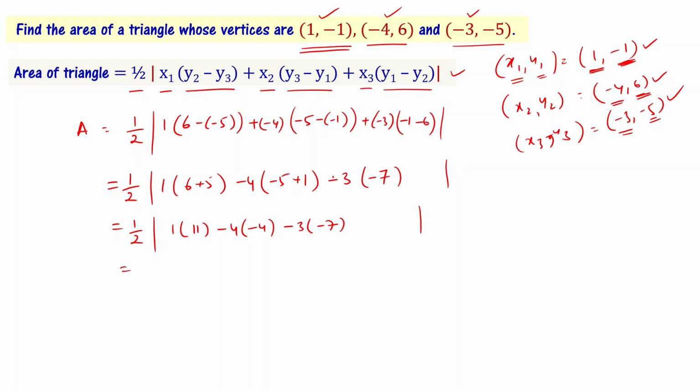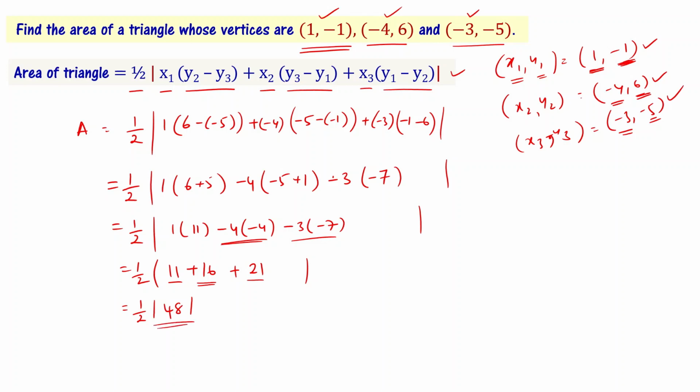Right, this can be written as half times modulus of 11 plus this is plus 16 plus 21. Right, so this is going to be 11 plus 21, that is 32, 32 plus 16, that is 48. This is going to be half modulus of 48.